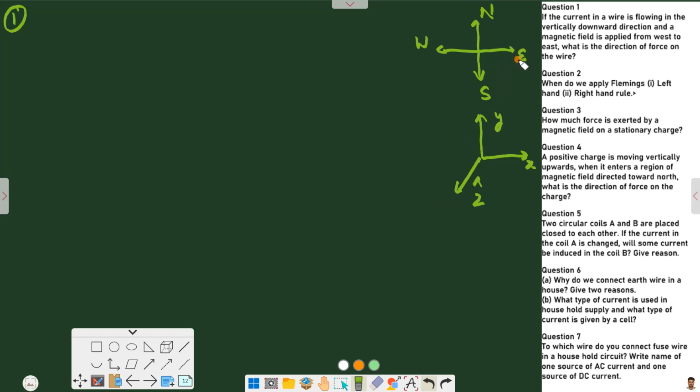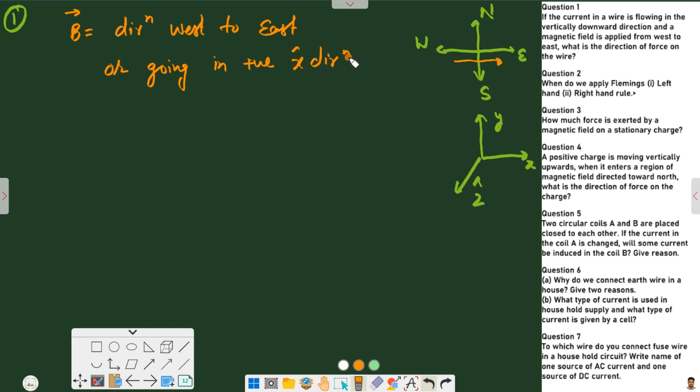Now we know the magnetic field is applied from west to east, which means the magnetic field is going in the positive x direction.